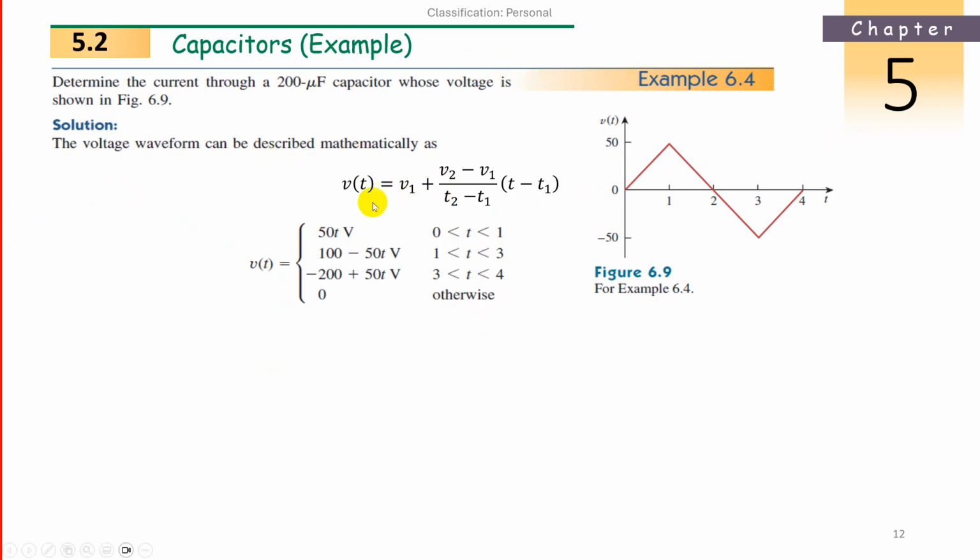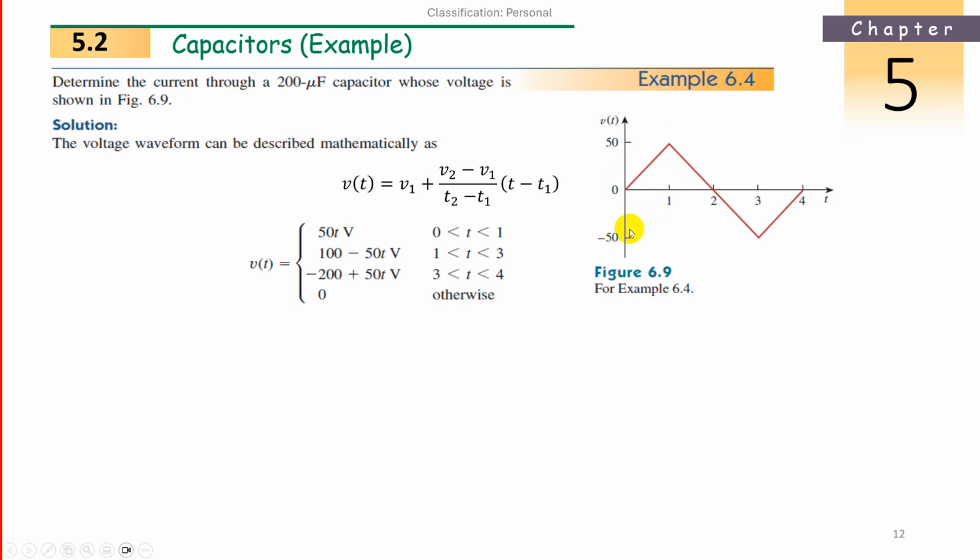0 to 1. What are the values? V1 is 0 at time 0. V2 at t equal to 1 second is 50. So 50 minus 0 is 50. T2 is 1, T1 is 0, so 1 minus 0 is 1.